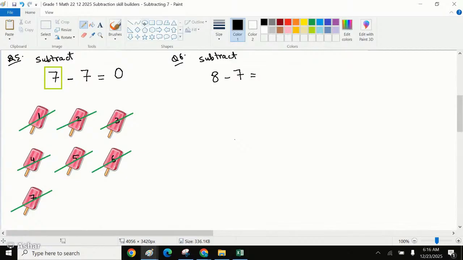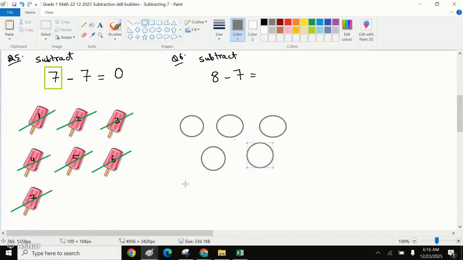If we draw circles over here, 1, 2, 3, 4, 5, 6, 7, and 8. Let's suppose we had 8 circles, right?